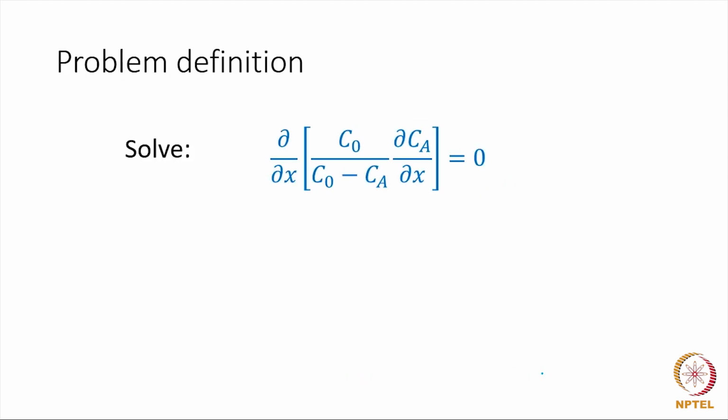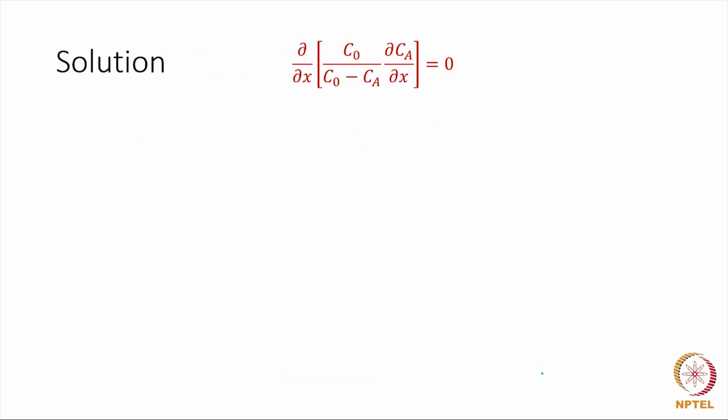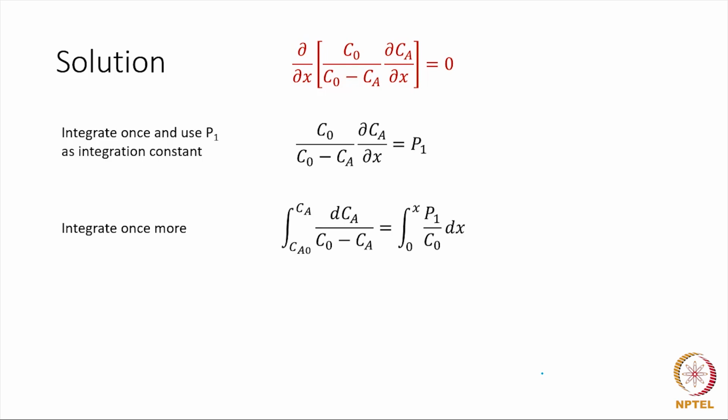We say that the equation that has to be solved is like this, and it has to be solved subject to boundary conditions, which are namely Ca is equal to Cal at x is equal to L, and Ca is equal to Ca naught at x is equal to 0. We can do that by writing down the equation and integrate once, and we see that we can basically have the integration constant as say P1, and then we can integrate once more.